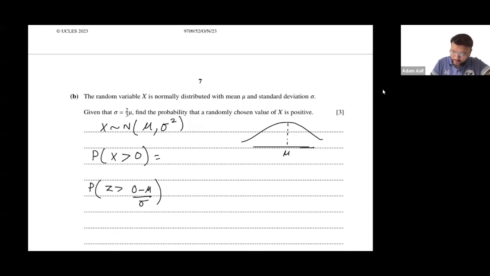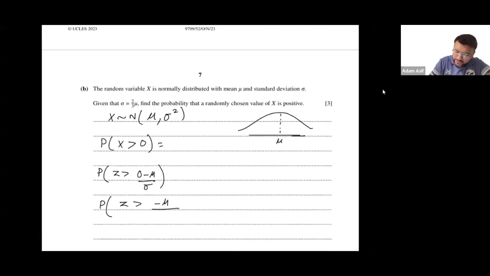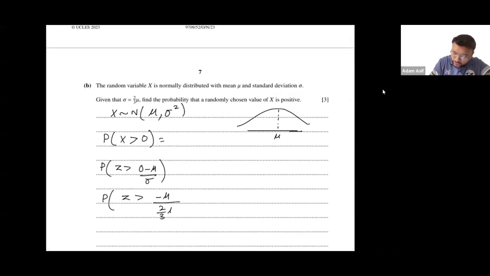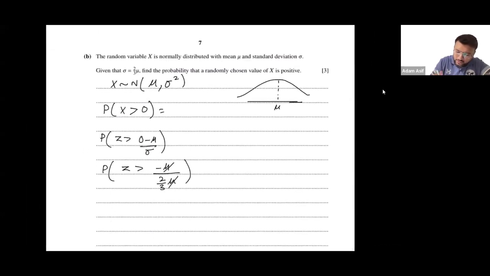Probability that z is greater than 0 minus mu upon sigma. This is what we need to find. And what is sigma? Sigma is 2/3 of mu. So replacing sigma as 2/3 of mu, mu cancels out. So z value comes out to be minus 1 divided by 3 upon 2, that is minus 1.5.